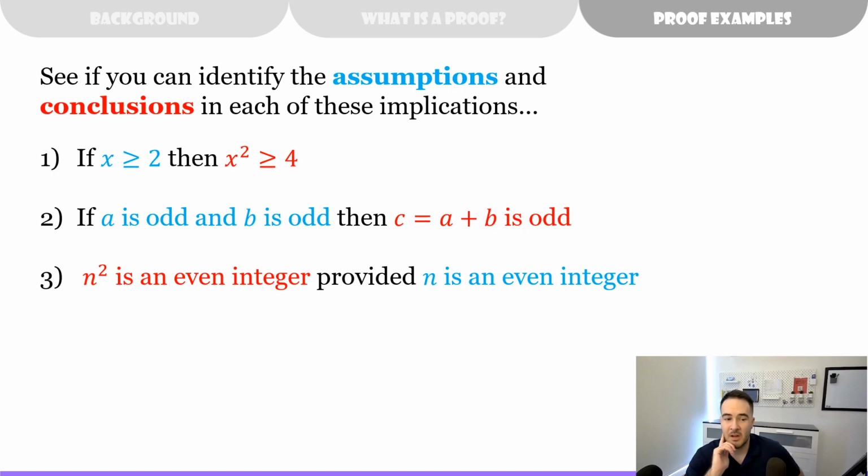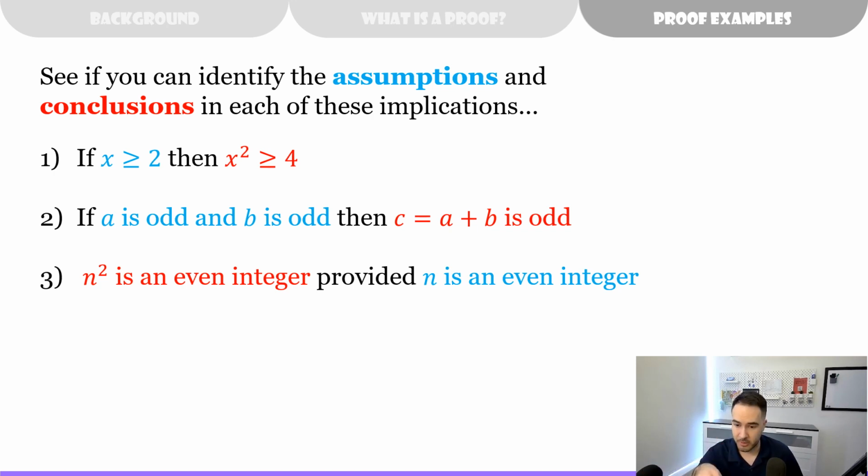Okay. Hopefully the first two were pretty straightforward to you. We kind of saw the first one as an example previously that we looked at to basically showcase an implication in general. The second one, we basically had in the assumption two specific statements within there, or requirements of the assumption. A had to be odd and B had to be odd.